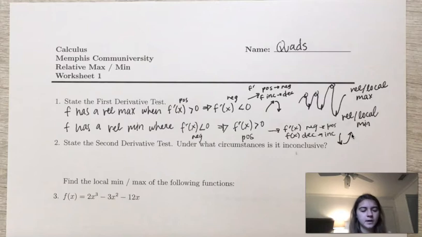Because it's a sign chart of f prime, we're looking for where f prime goes from positive to negative or negative to positive. So it's going to be where it crosses the number line. It's not going to look like a maximum or a minimum. It's going to look like a critical point because it is a critical point of f prime. But for f, it is a maximum or a minimum.